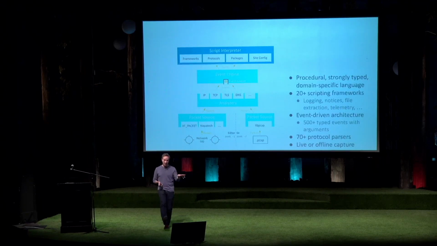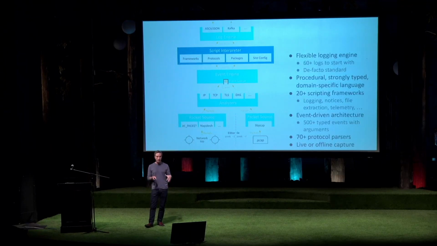To come back to the architecture for this a little bit, on top of the script interpreter, going back into the rest of the architecture, there is this logging engine that is, again, very pluggable. By default, we log to files. Most people these days will want to use JSON. There's also a historic tab-separated format that you can use, but there are plugins for lots of other exporters. A lot of people we're working with pump into Kafka.